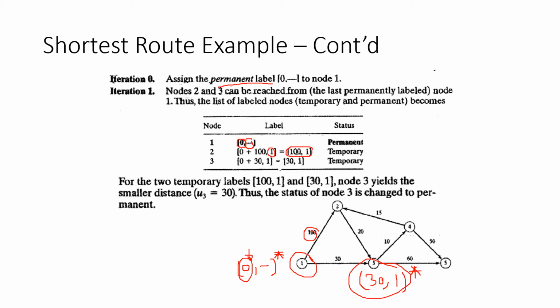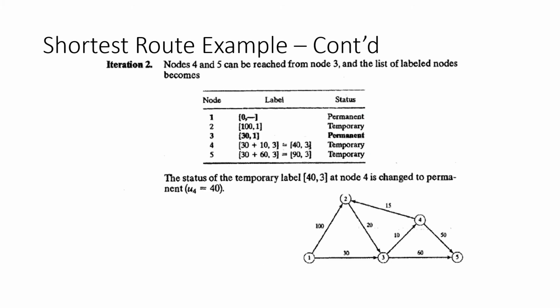And I will repeat this process again for building a similar table like this, but now I have 2 permanent labels, as I will see in the next slide. Here we see, yes, node 1 and node 3 are permanent now, so I will have to calculate temporary labels for all the nodes that can be reached from those 2 nodes.